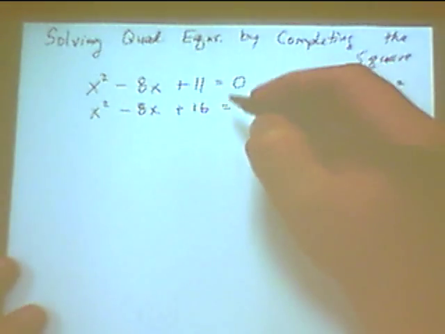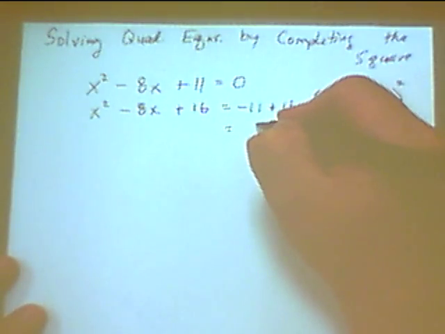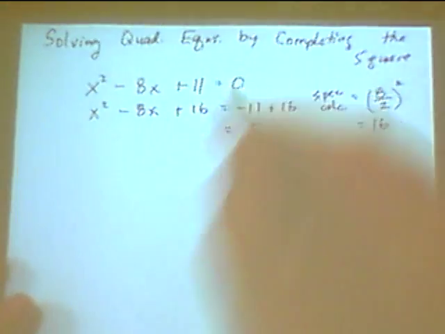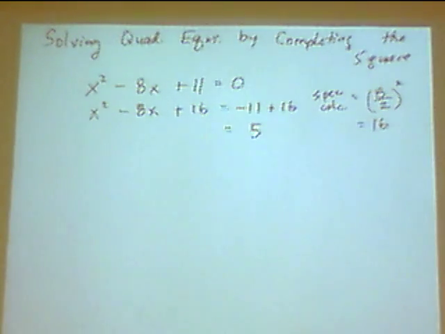Now the right hand side, you simply add the two numbers. Now let's talk about what happens on the left hand side. The left hand side is now a trinomial, but it's not just an ordinary trinomial. It's called a perfect square trinomial.